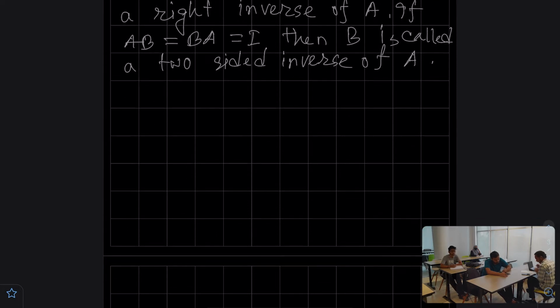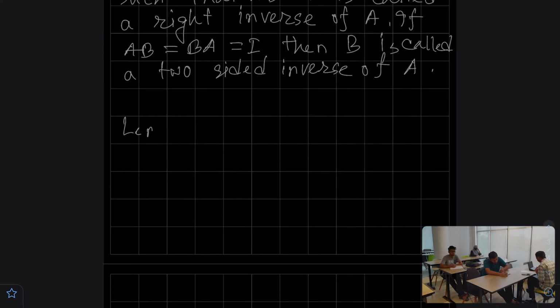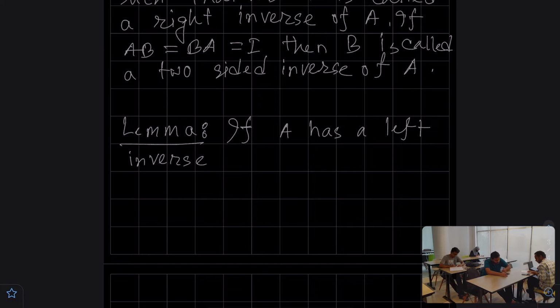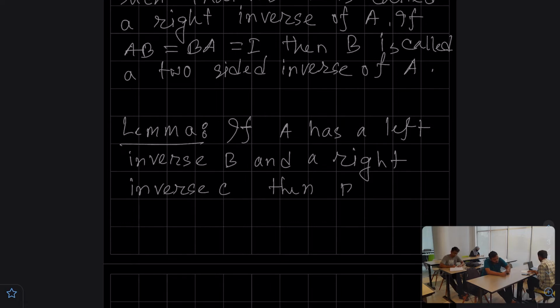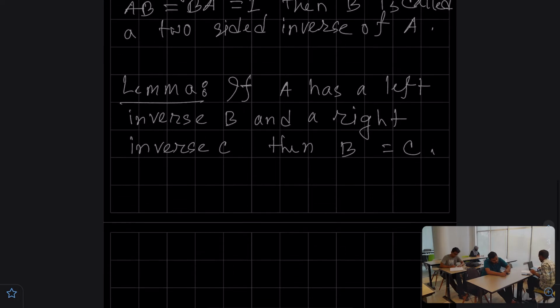So from that a lemma follows. If A has a left inverse B and a right inverse C, then B is actually C. So can you give a hint how I can approach the proof?